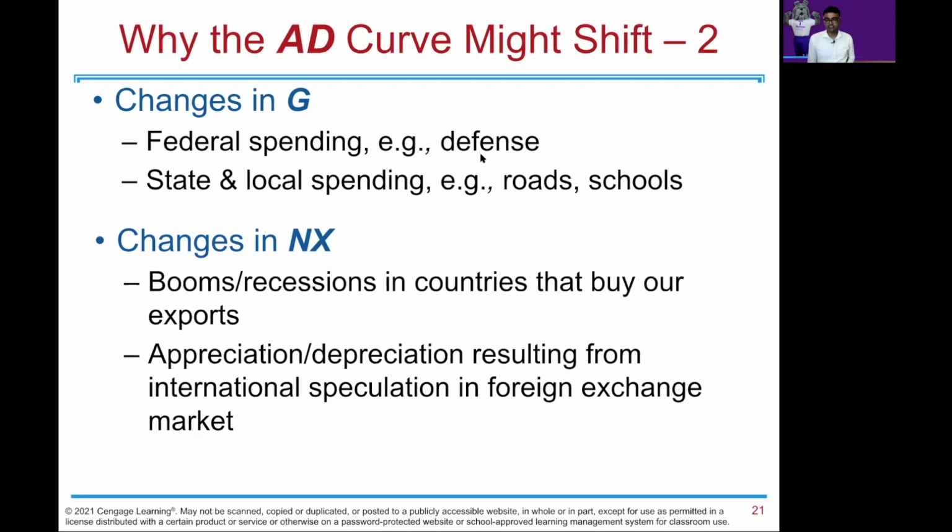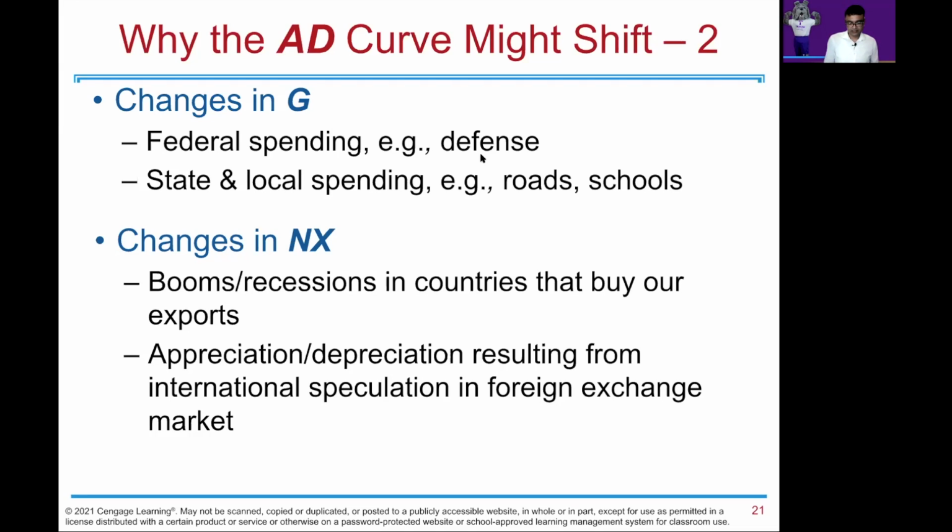Appreciation and depreciation resulting from international speculation in the foreign exchange market could also affect your US net exports. So you can list a lot of factors which could affect any of these components, and if you make sure you understand those components, you can easily explain how anything that happens anywhere in the world could affect the US economy using this aggregate demand, aggregate supply model.